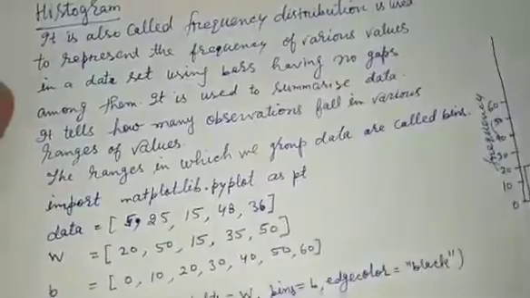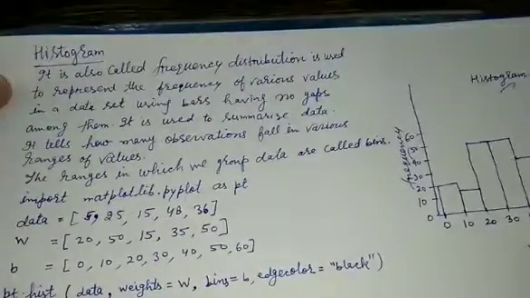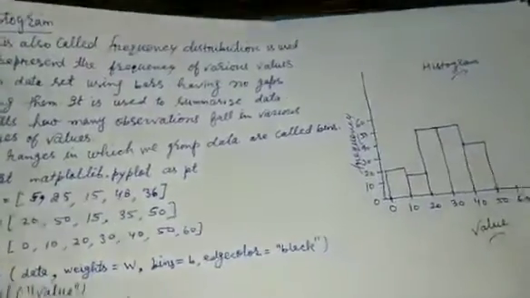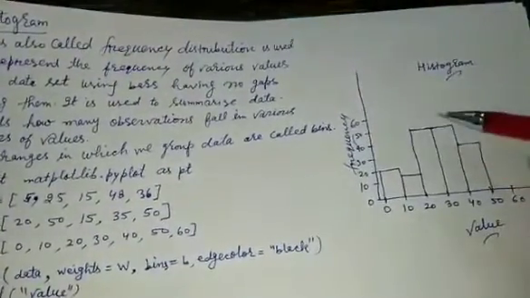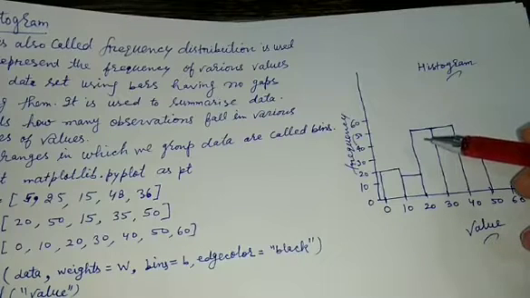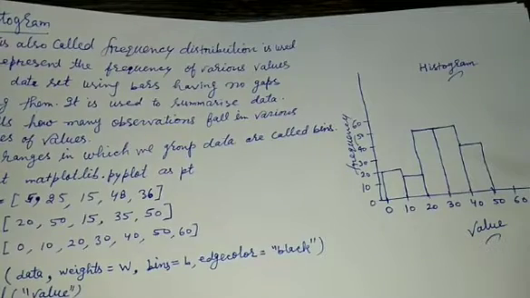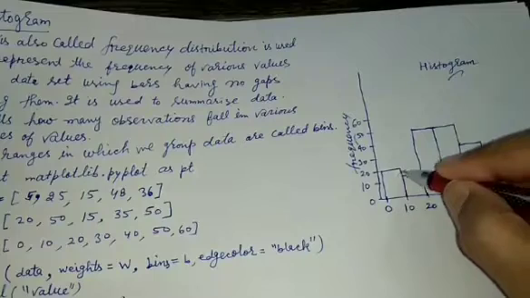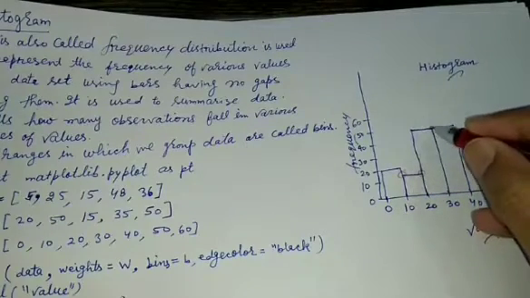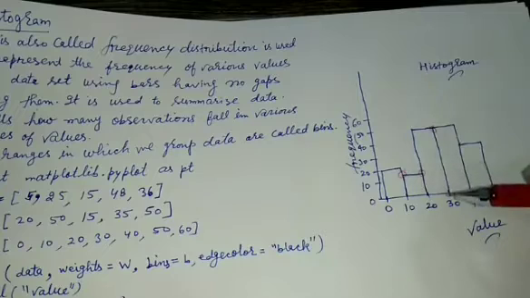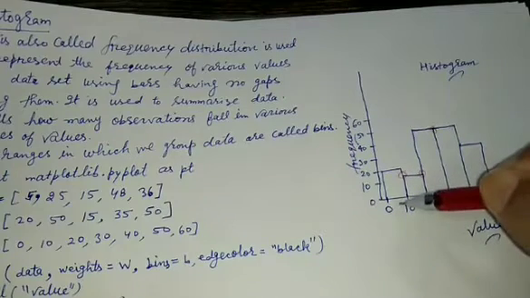Now we are moving to the next kind of chart, and that is the histogram. A histogram is another type of chart looking just like a bar graph, as we previously understood how to draw a bar chart, but there is a slight difference between the bar chart and the histogram: first, there is no gap between the bars, and second, it is used to represent data which are in continuous groups.